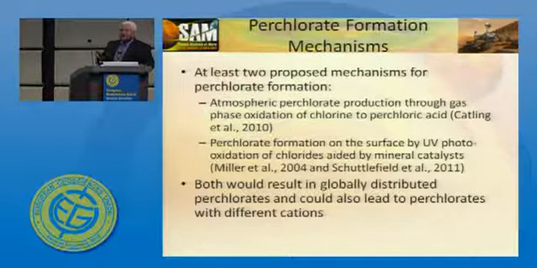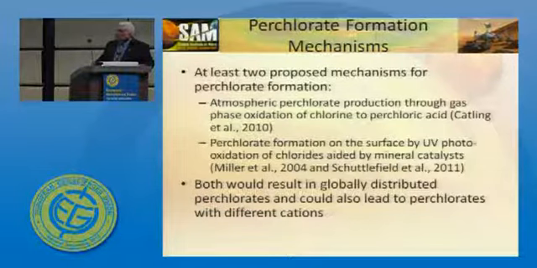There are various proposals for the formation of these perchlorates. The most logical is atmospheric oxidation. The chlorine can come from volcanic eruptions, or also chlorine coming from the dust. It can also occur on the surface by photooxidation, or be catalyzed by minerals, or even be triggered by cosmic rays.